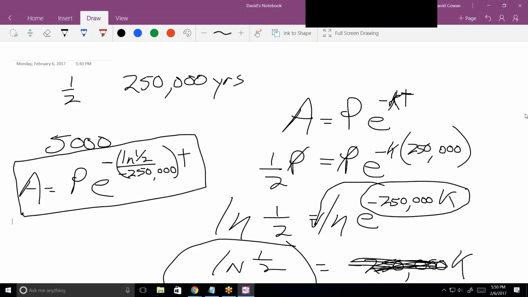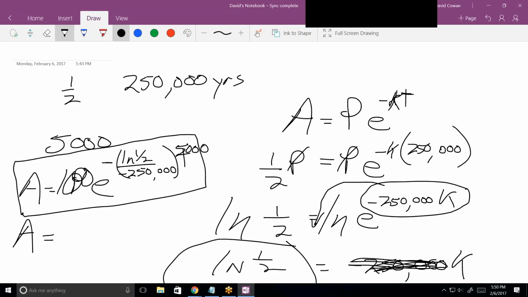The easiest way to do this is pretend that you started with 100. Then whatever you get for A, you'll be able to figure out what percent of 100 that is. So let's do that. A is now equal to 100 times this, and T is 5,000.